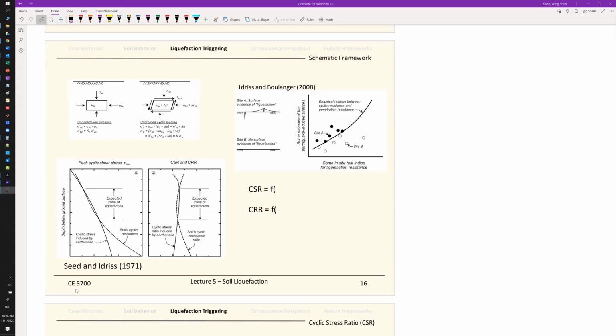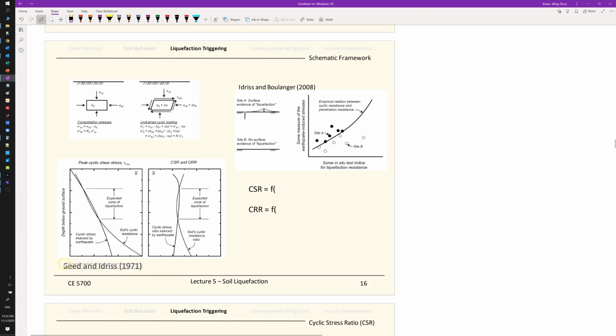Okay, so the main framework for the soil liquefaction triggering analysis involves a key concept, which is the comparison of loading and resistance. So very traditional, like a civil engineering framework. This type of triggering analysis was first introduced in the 70s, by Seed and Idriss, 1971.